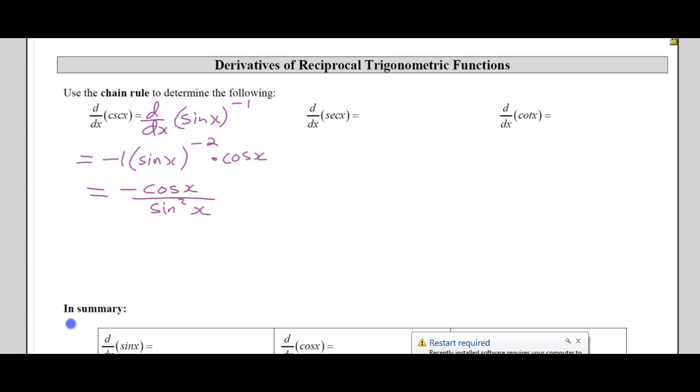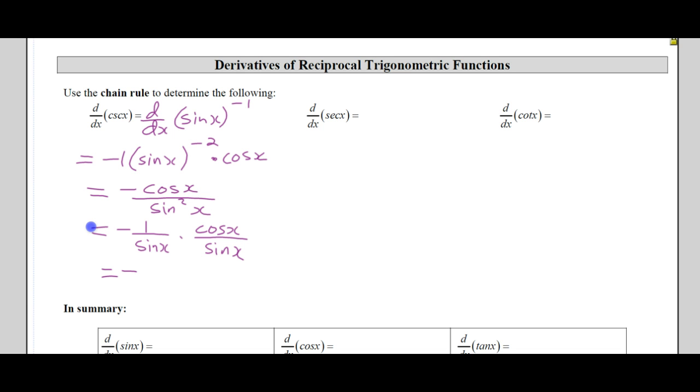which gives us, so we can split this out as negative 1 over sine x times cos x over sine x. So it's negative, okay, what's 1 over sine x? Cosecant x.